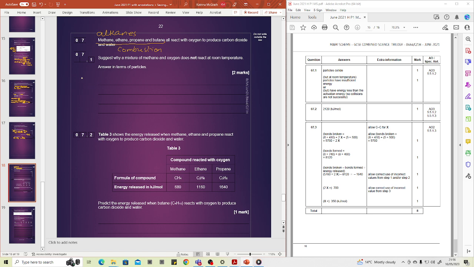So that would mean even if they collided, they don't react. Because methane and oxygen are gases, they will collide, but unsuccessfully.